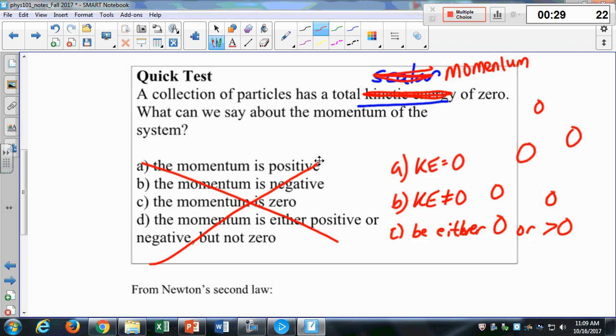You follow what I'm saying? The momentum of this system is 0. What can you say about the kinetic energy of the system? Either the kinetic energy is 0, it has no kinetic energy, it's not 0, it does have kinetic energy, or the kinetic energy can be either 0 or not 0, bigger than 0.